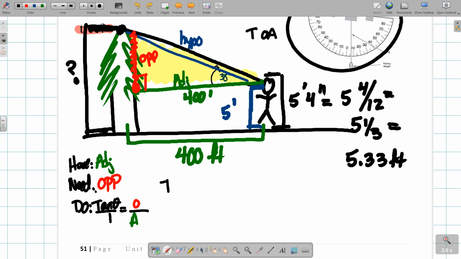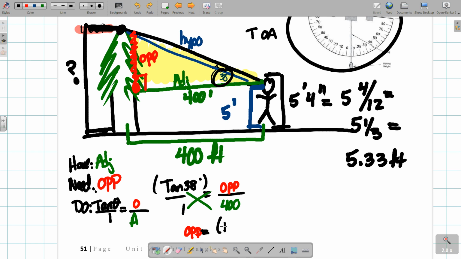Circle, plug, chug. Tan of your theta is going to be 38 degrees over 1 equals our opposite, which we don't know, over our adjacent, which is 400. Cross multiply. Our opposite side there is going to equal, very simply, tan of 38 times 400.